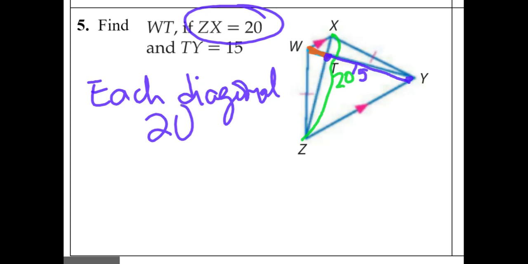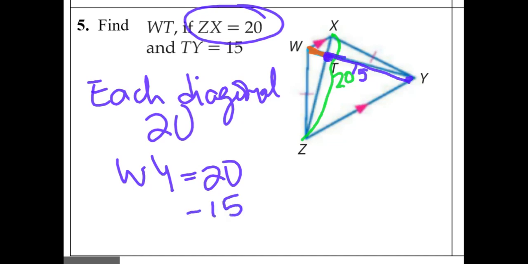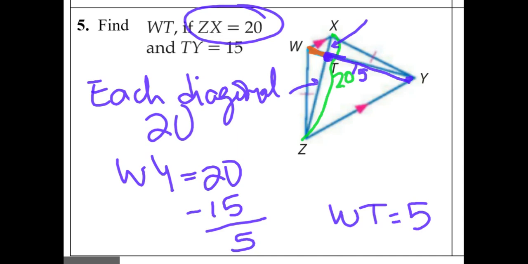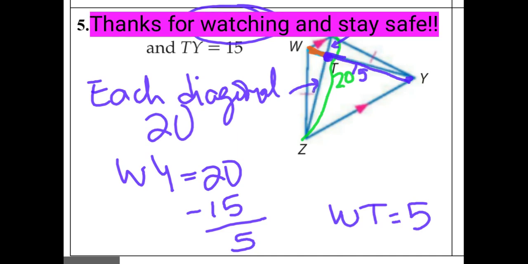So if I know that ZX is 20, then I know that WY is also 20, okay? So if TY, which is a piece of it, is 15, then all I have to do is figure out what's left, and that's 5. So that tells me that WT, the piece that's left over, is 5, okay? And also that would tell me that this piece is 5 in case we needed it, and it would also tell me that that piece is 15, okay?